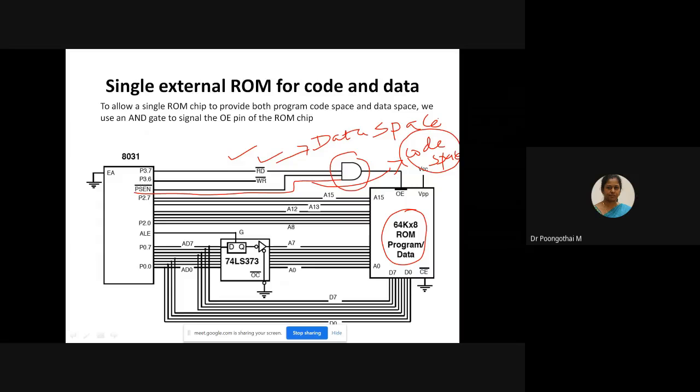P2 is connected to A15 to A8 address pins of your program or data ROM, and P0 is connected to the address pins A0 to A7 of your program or data ROM, and chip select enable is grounded. Remaining connections will be the same. EA is grounded because everything is stored externally, so EA must be grounded here. The only difference to separate your data and program space is that AND gate logic is used to access your code space and data space. Is that clear?